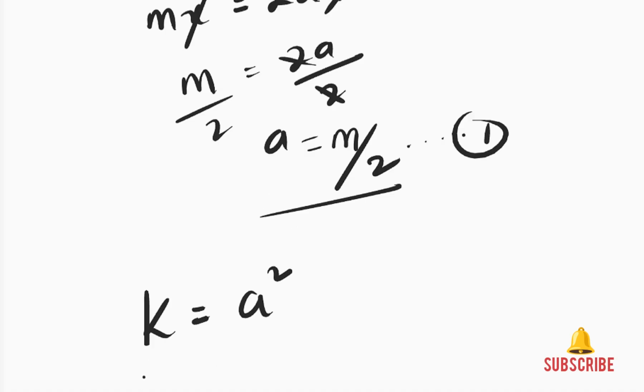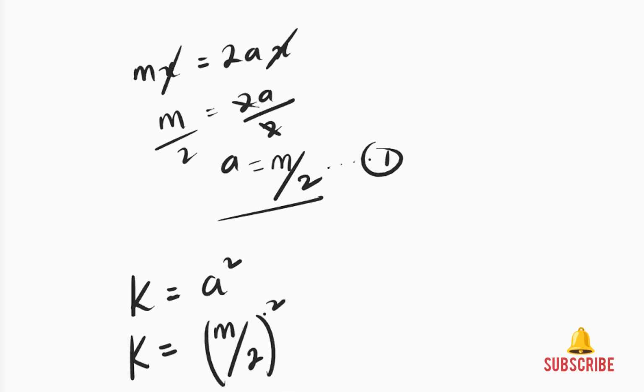Now we can recall and say, since a is m over 2, then a squared is m over 2 all squared. That is this a, this is its m over 2. So this is the relation that binds the two sides. So let's call this equation 2.